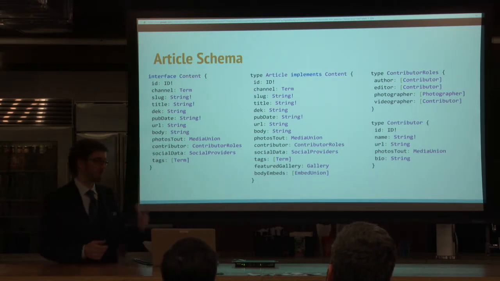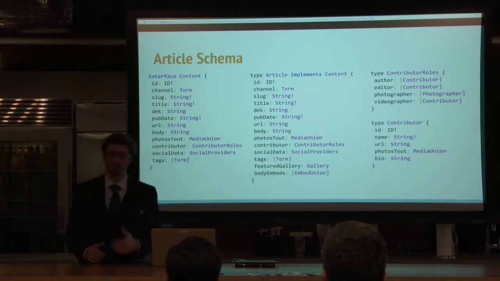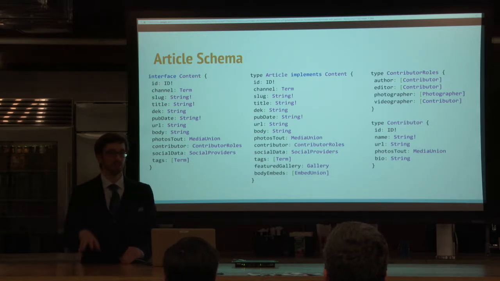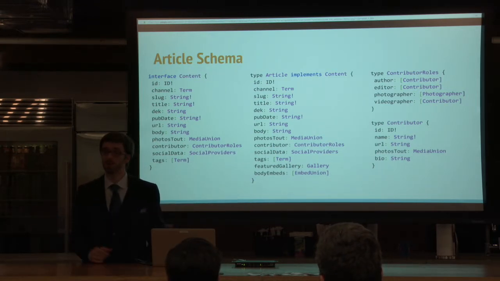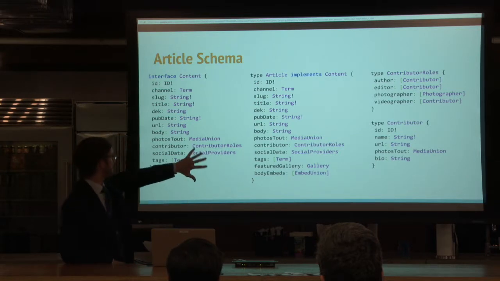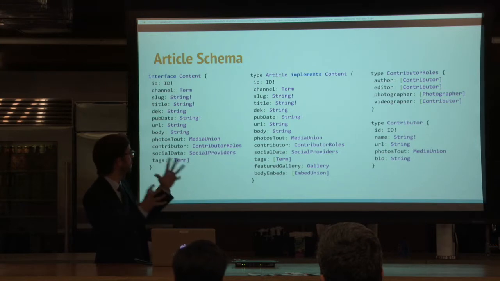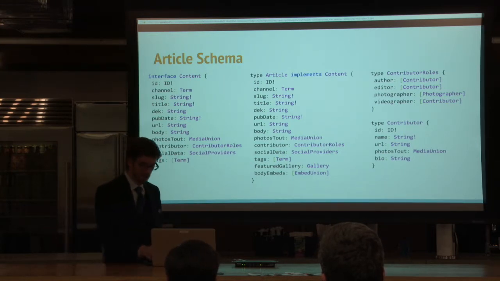Those can be hard to deal with. Contributors are not just one thing. You are not just an author or just an editor or just a photographer, but it is your relationship to a particular piece of content that matters. You can be an author to this piece of content and a photographer on a different piece of content. So we had to do this weird map of a list of contributors to facilitate that option.